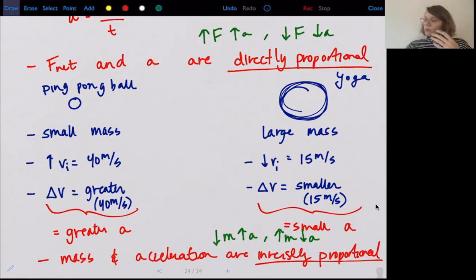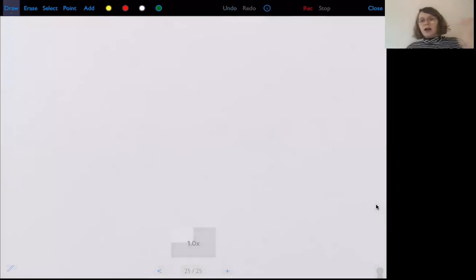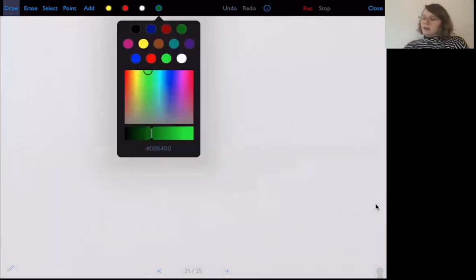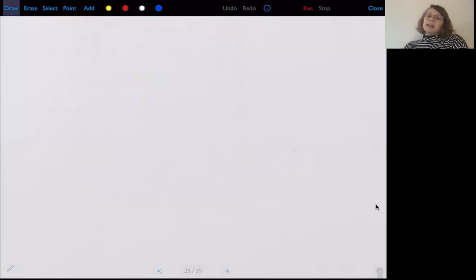All right. What does all of this have to do with anything? This is Newton's second law. We're breaking down Newton's second law. His second law says that acceleration is directly proportional to force and inversely proportional to mass. We have an equation for Newton's second law.